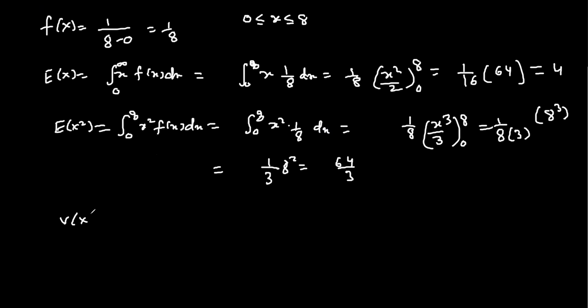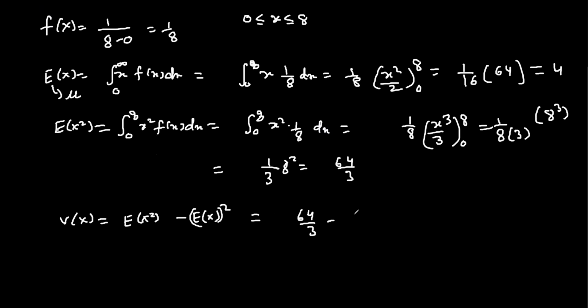Now you know the formula of variance. Ex square minus Ex whole square. Okay. So Ex square is 64 over 3.